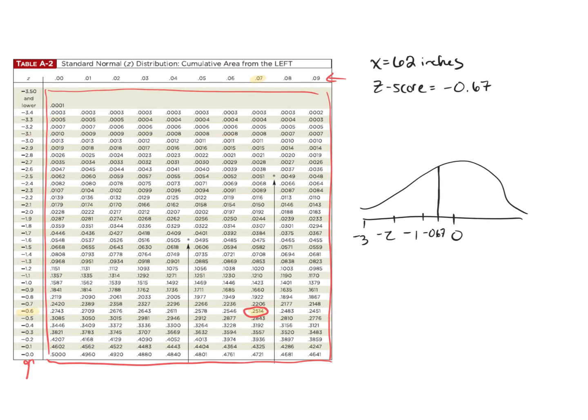When I go to the table and take a look at that area, which is 0.2514, that represents the area that is to the left of that z-score. So anytime you're looking at the numbers in the body of the z-table, it always represents the area that's to the left of the z-score.